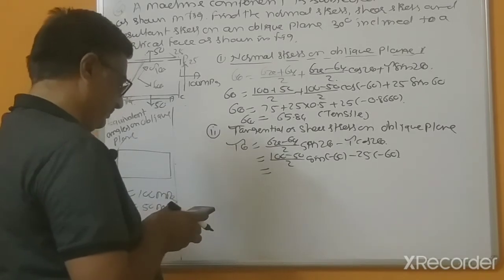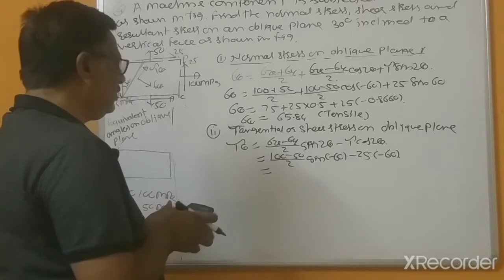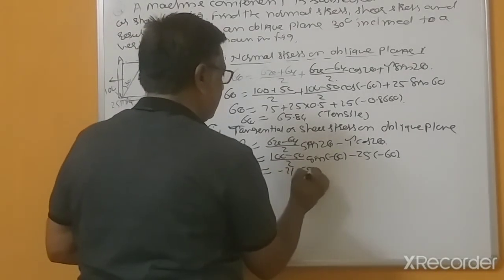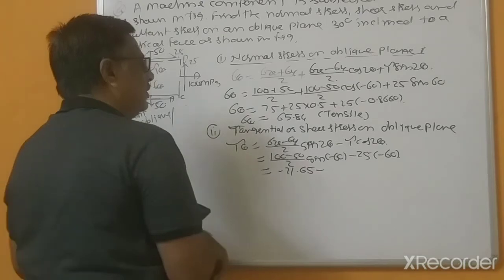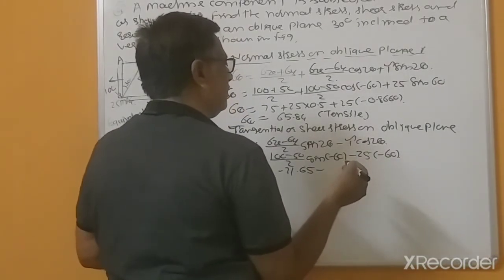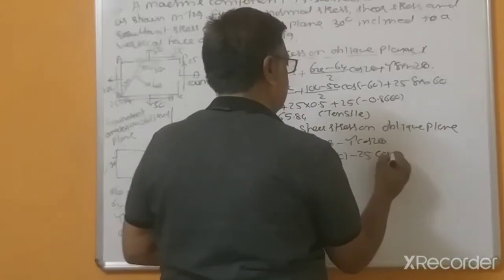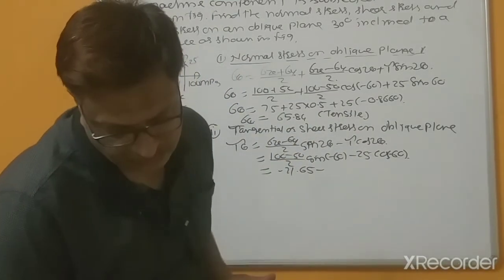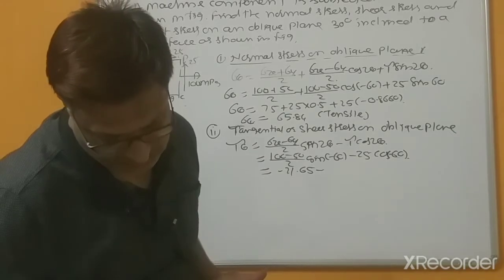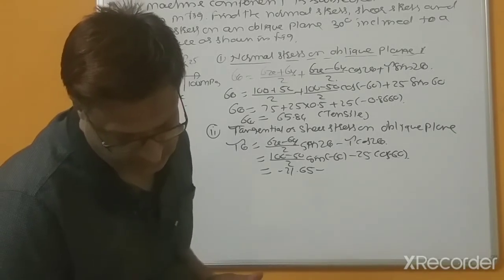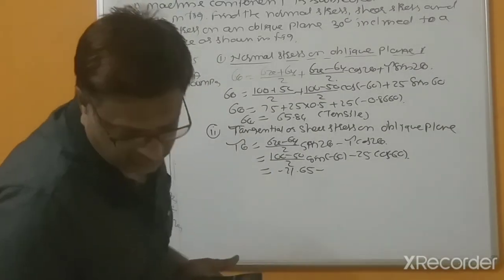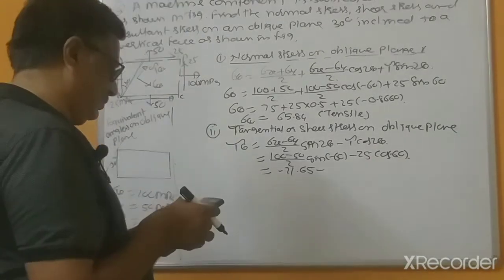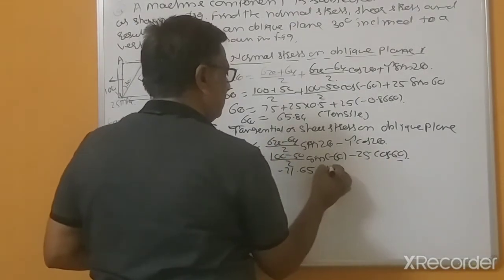Sine minus 60 multiplied by 25, that is 50 divided by 2, 25, meaning this is minus 21.65, and this is minus, cos 60, so minus 25 times 0.5, minus 12.5.